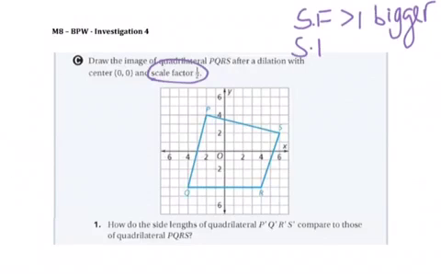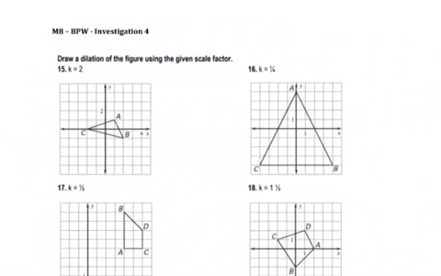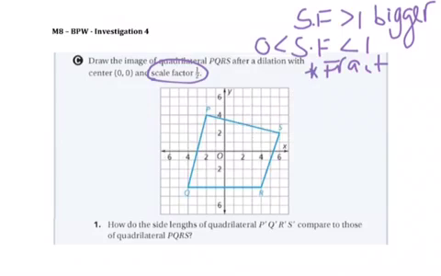However, if our scale factor is greater than 0 but less than 1, some sort of fraction, then our image is simply going to be smaller. In this case, our image is going to be half the size of the original.